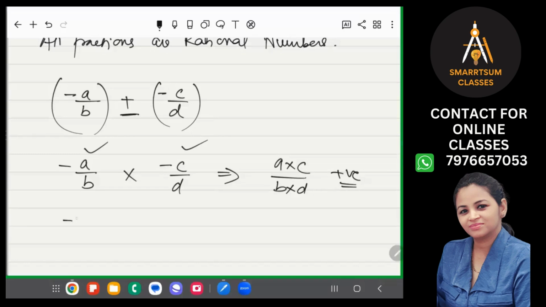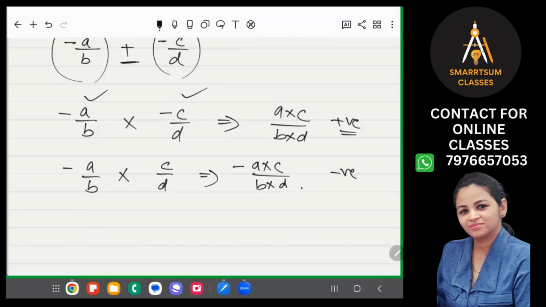And if you are multiplying one rational number which is negative with another rational number which is positive, your result will be negative, and you will be getting minus A into C upon B into D. Is that clear? So the same rules we have to follow while doing operations on rational numbers. Now let's see some questions based on it.